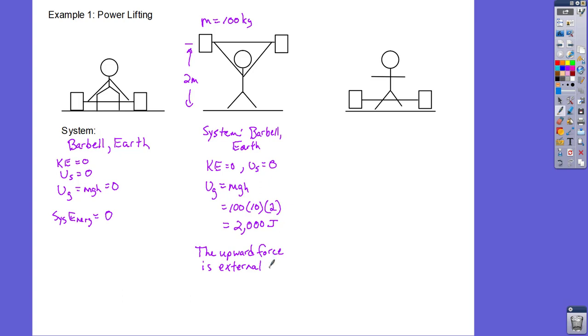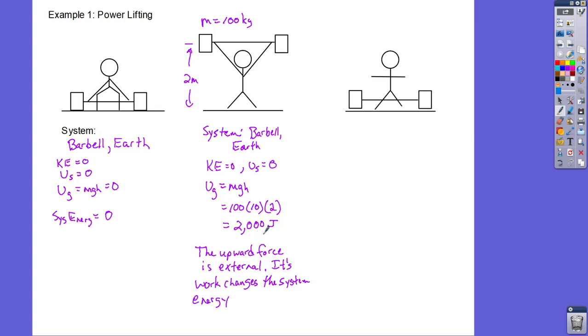So the upward force is external, so its work changes the system energy. And the amount of work is equal to that change in energy. So the 2,000 joules of work would equal 2,000 joules of energy.